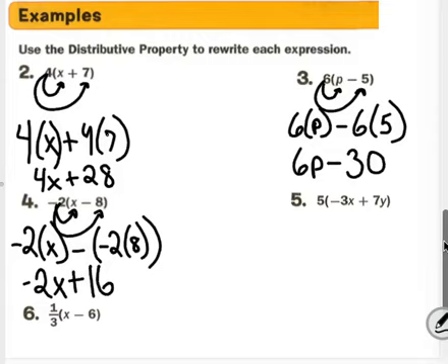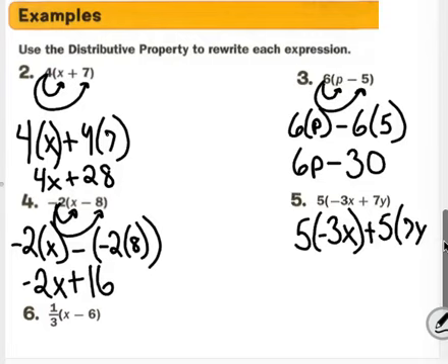All right, number 5. So we have 5 times negative 3x, plus 5 times 7y. Smartboard getting a little slow on me. Now, when you multiply a number by a variable, you can simply multiply the number you're multiplying.